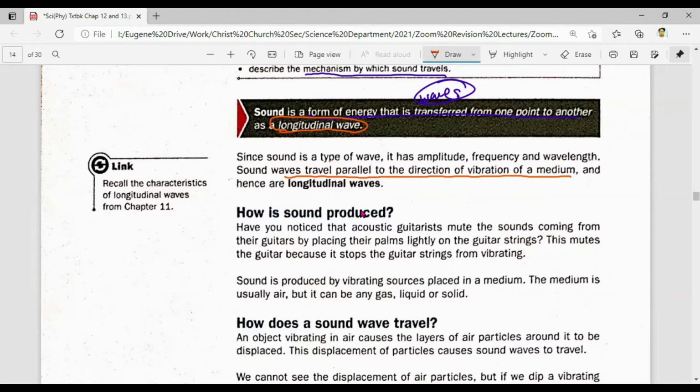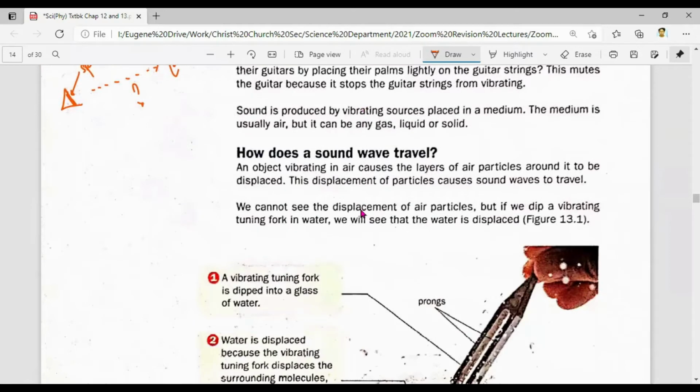One of the questions in exams they like to commonly ask: how is sound produced, or how does the sound from a speaker reach our ear? Sorry for the ugly ear. How does the sound reach our ear? You do see it coming out quite a fair bit here and there. So that's why I'll take some time to go through this.